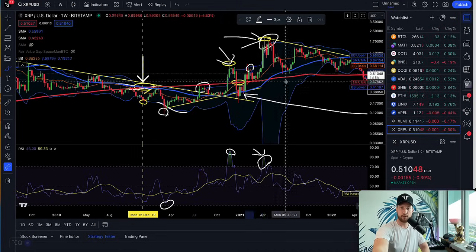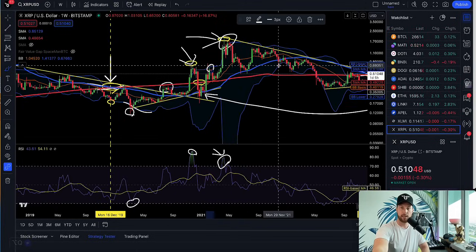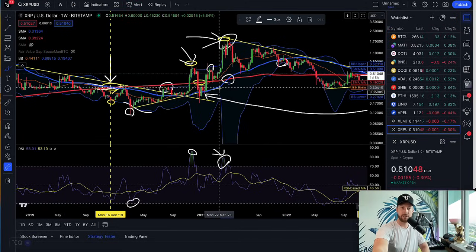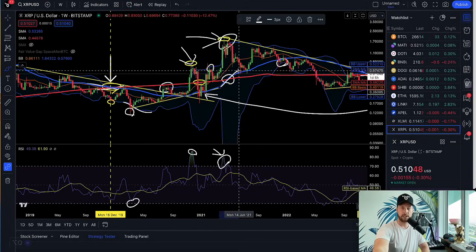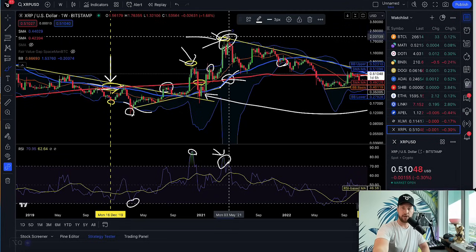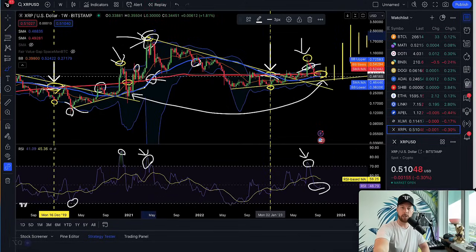And it didn't really come back down to the bottom portion of the band until November of 2021, after the moving averages crossed, where the 50 moving average crossed above the 200 moving average, signaling a trend change right here in the bear market. And so because we crossed back above, we're in an uptrend.